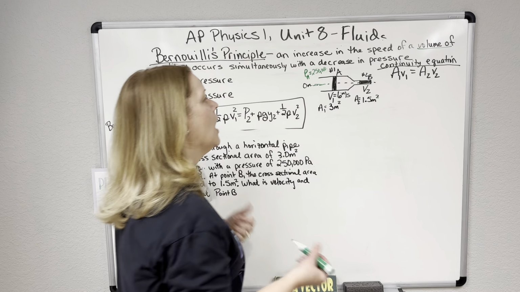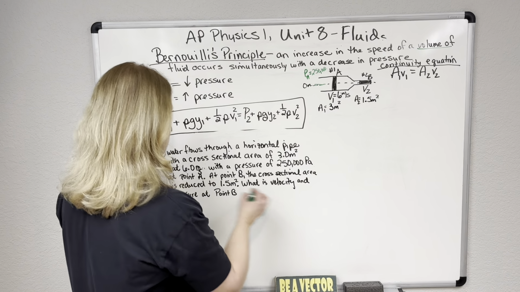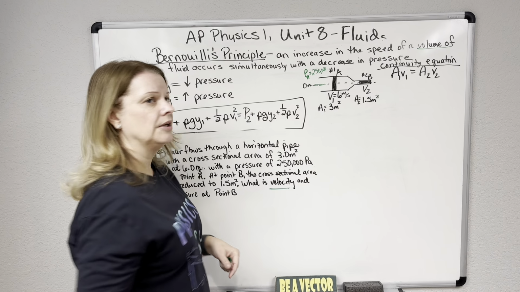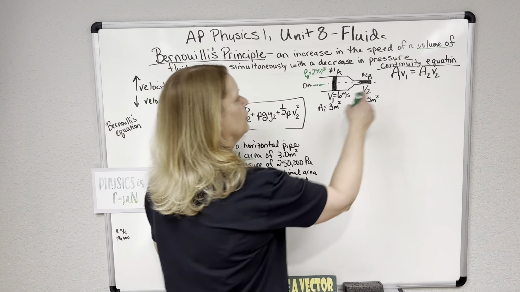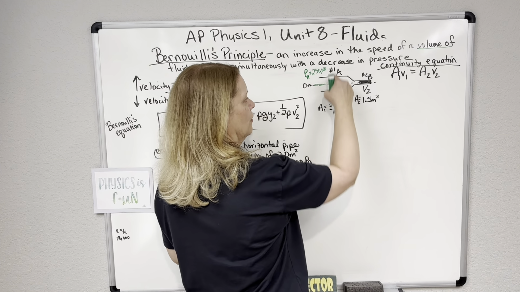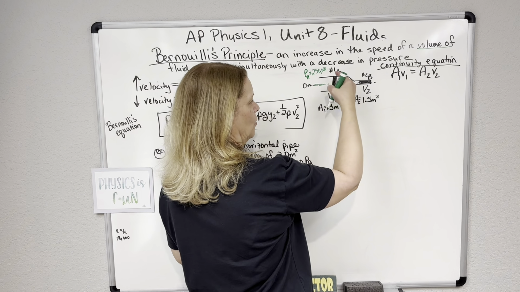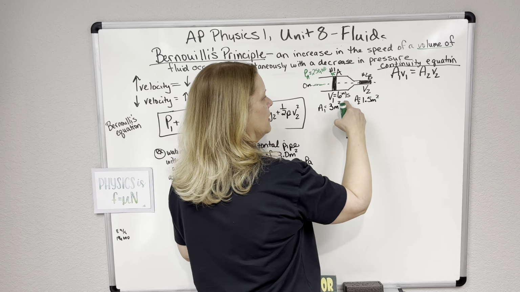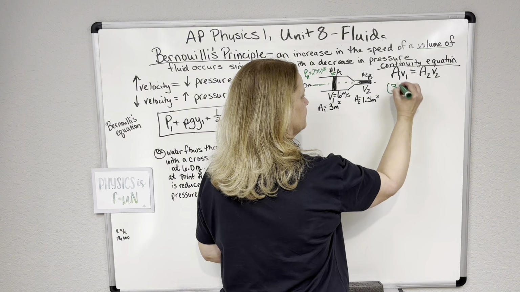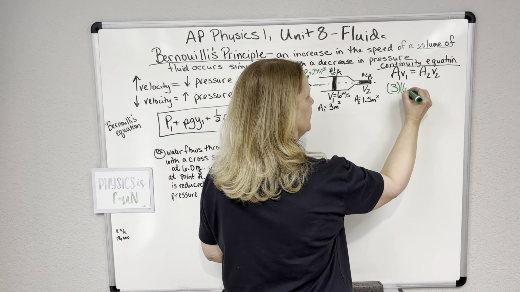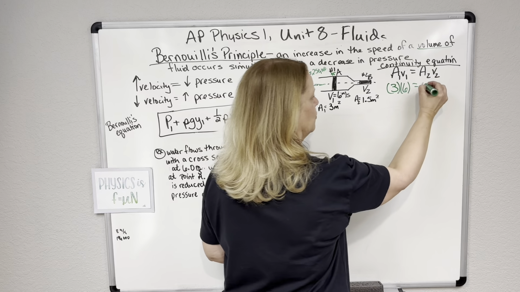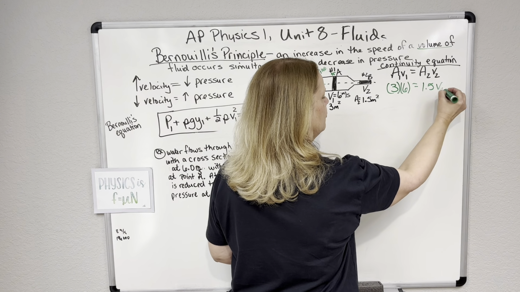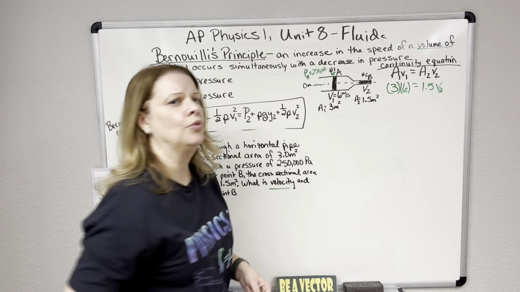The first thing it wants me to find is the velocity at point B. Well, I've got to use this continuity equation. At point A, or point 1, whatever you want to call it, my area was 3, my velocity was 6, my cross-sectional area at point 2 was 1.5, and I'm looking for the velocity at point 2.